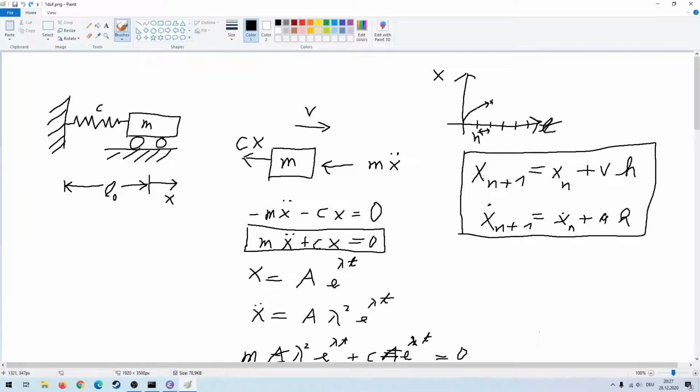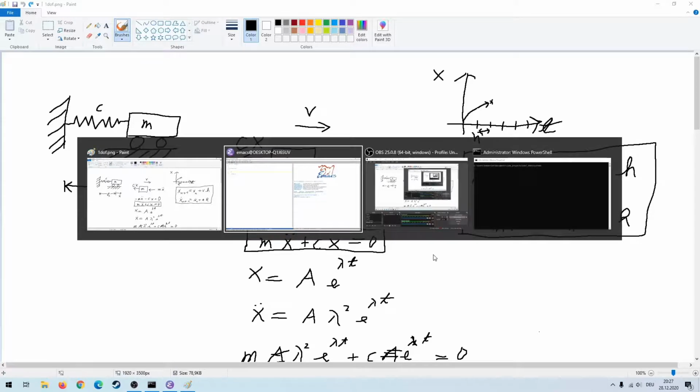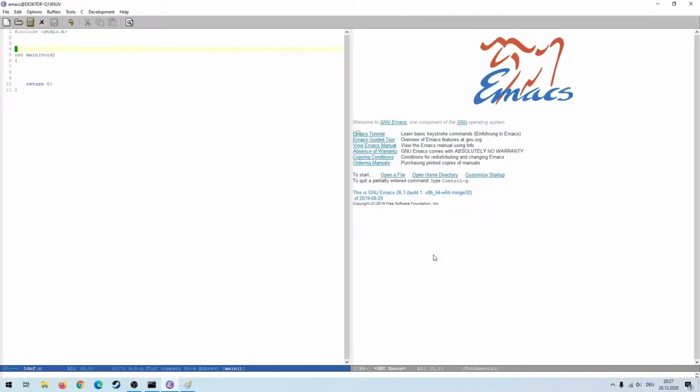We have the position, the time step, the velocity, and of course the acceleration. In order to have everything a bit more ordered, we're going to put everything inside a struct. So let's call it struct mass. It's also very useful if you have more than one mass. Then we could go struct mass 1, for example.